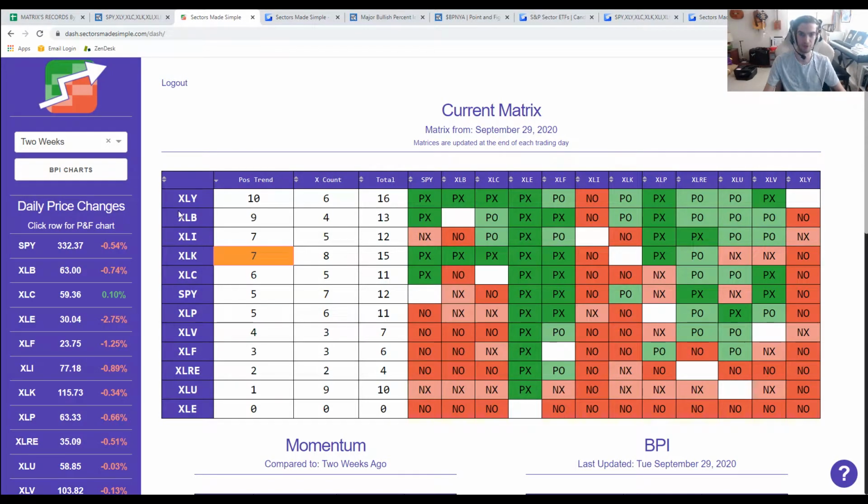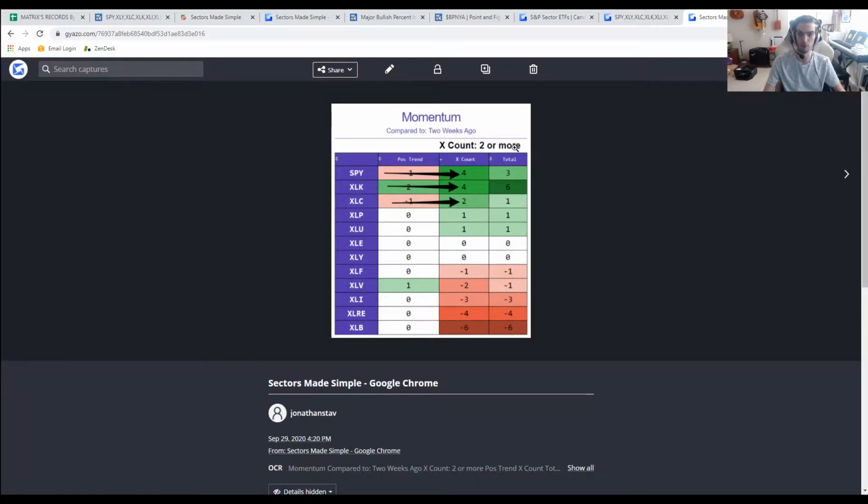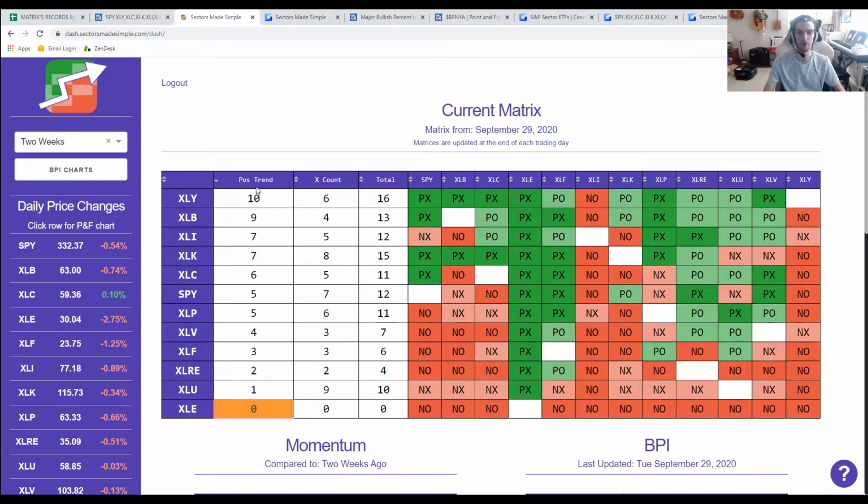We then want to sort by positive trend from highest to lowest, and where we wanted an X count of 2 or more for momentum, we now want a positive trend of 5 or more.